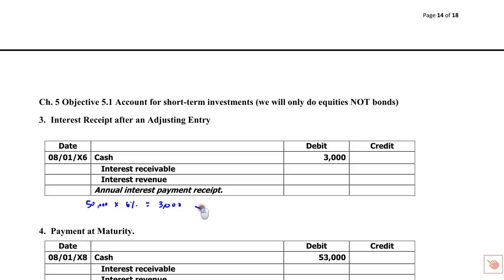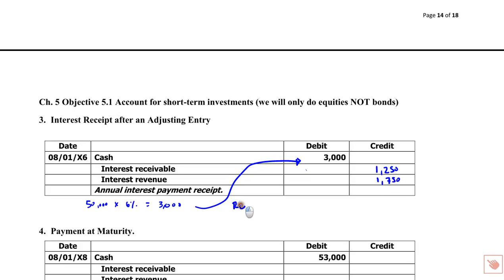That's where the 3,000 came from. It's one payment a year, 3,000. The interest receivable, we got our cash, so now we received it. That was 1,250. So the difference, since debits have to equal credits, is 1,750 in revenue.